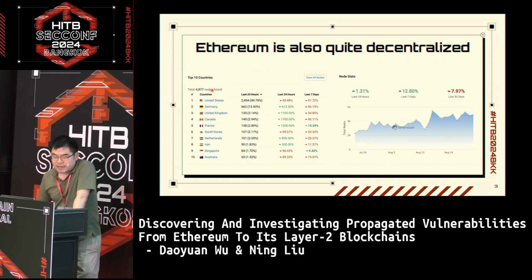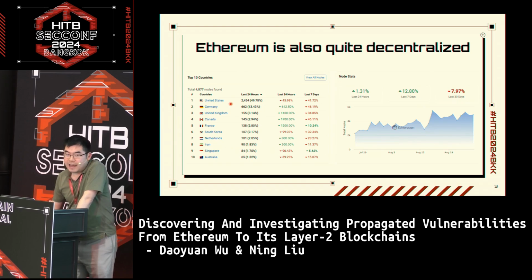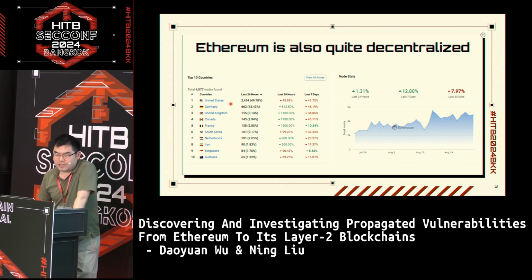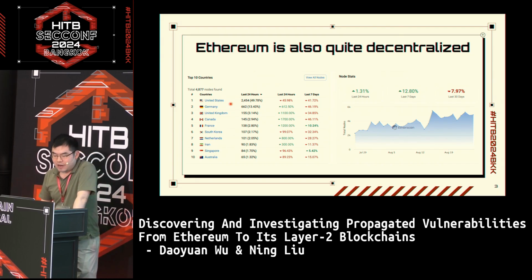Each node needs to stake a certain amount of ETH. The top country is still the US, because the major cloud providers such as Amazon, Google Cloud, and Microsoft are currently the dominant players for such POS systems. So they have so many nodes here.